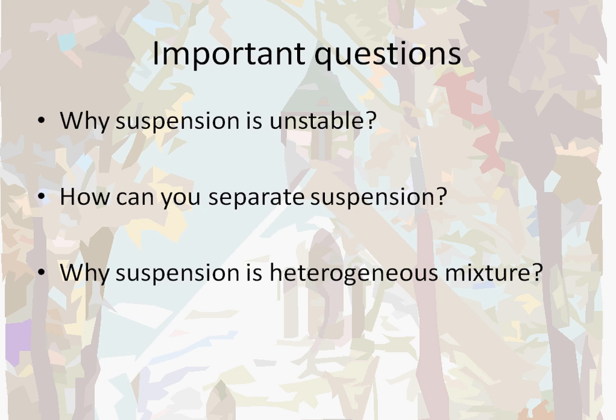Third, a very important question: why is suspension a heterogeneous mixture? It has a very simple answer. As we know, those substances which are soluble in water form solution, right? Because the particles are very small, which cannot be seen by microscope also.